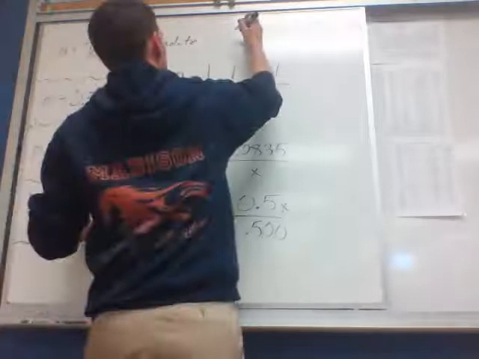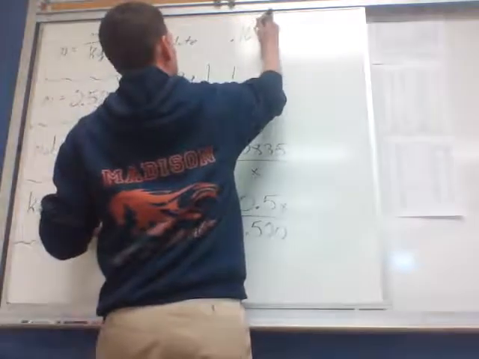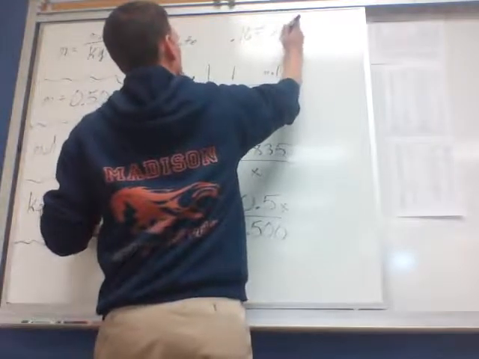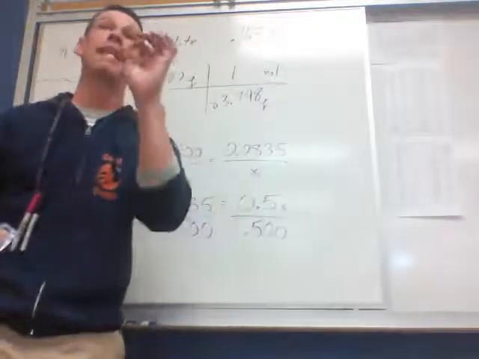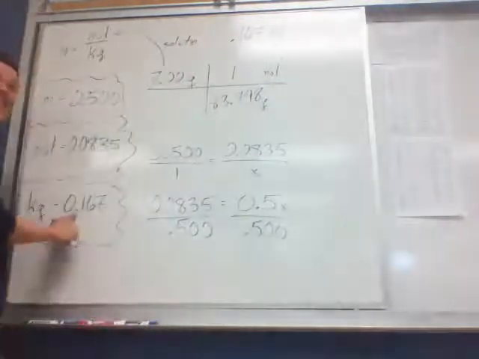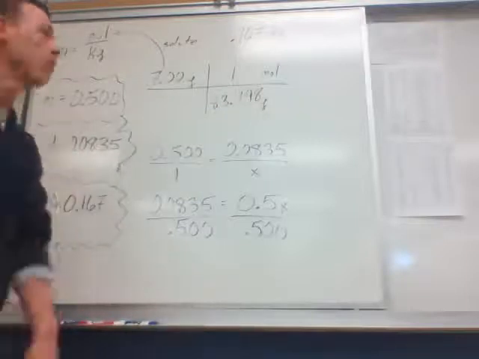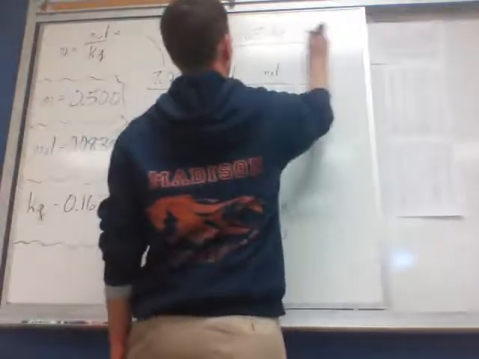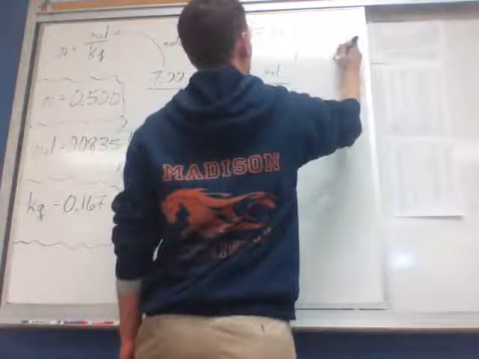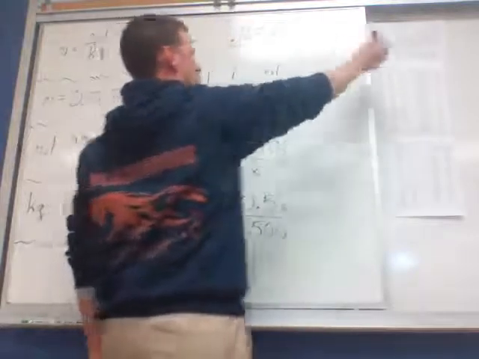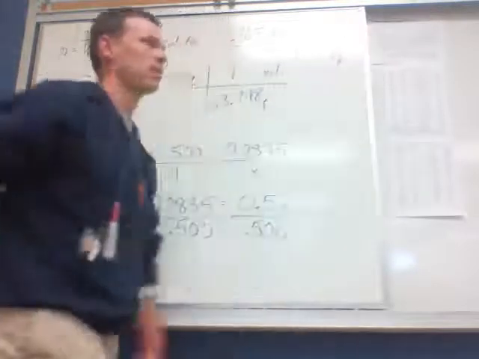So I'm going to take my 0.167 kilograms and turn it into grams. Now again, you can just slide this decimal to the right 3 times and you're done. Or, if you want to do a grid, kilograms will match. We're going to grams.